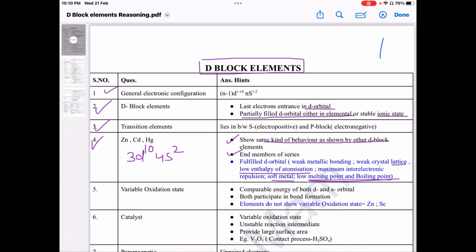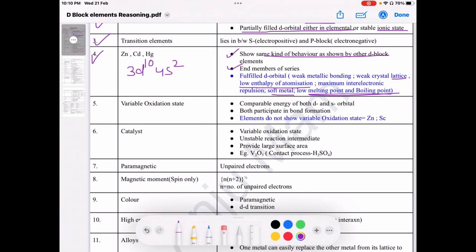Next question regarding the d block elements: why do d block elements show variable oxidation states? In our answer we write, d block elements show variable oxidation states because of the comparable energy of d and s orbitals, and both these orbitals, s and d, participate in bond formation.